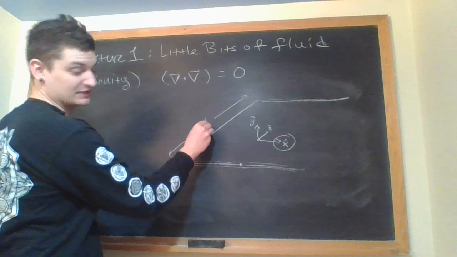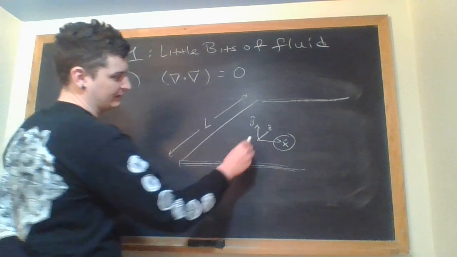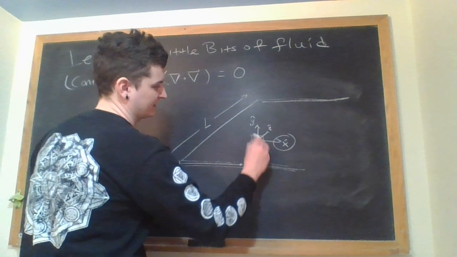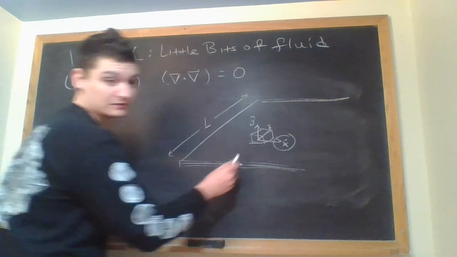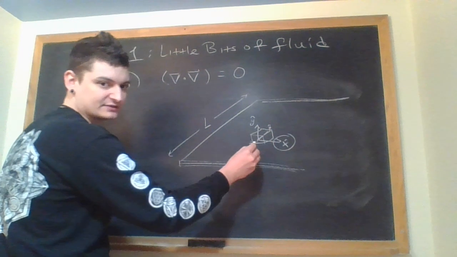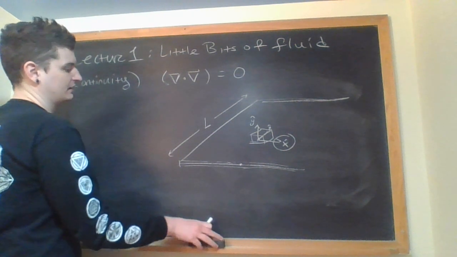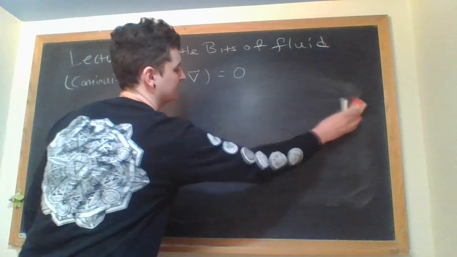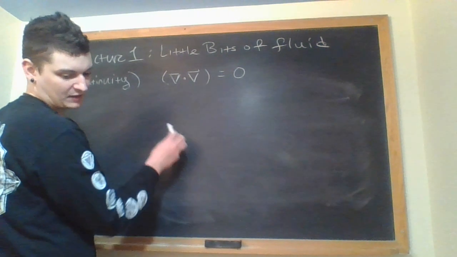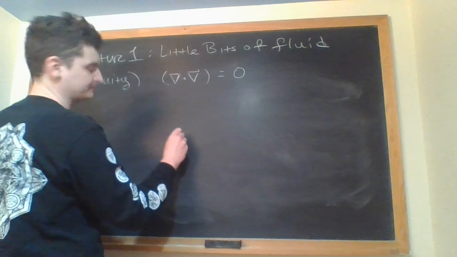Now, if we zoom in, and this is what we'll do for external flows, we'll zoom in to just right around the surface, really close to that surface area.